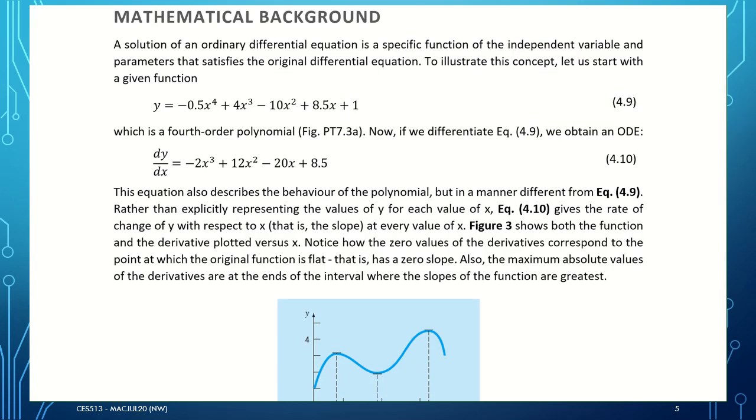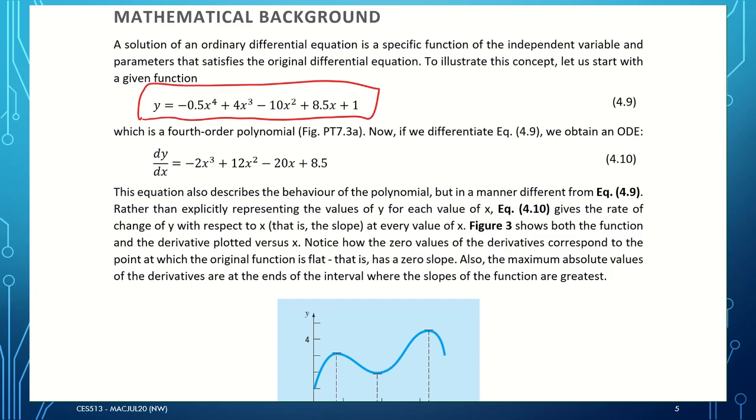A solution of an ordinary differential equation is a specific function of the independent variable and parameters that needs to satisfy the original differential equation. To understand this, let us see this example of y equal to negative 0.5x to the power of 4 plus 4x cubed and so on.